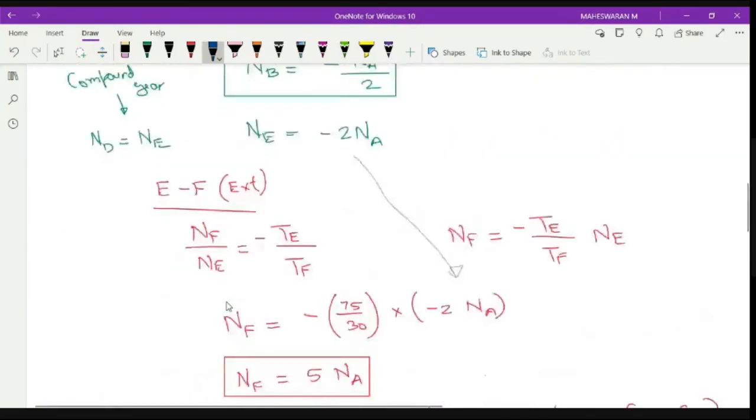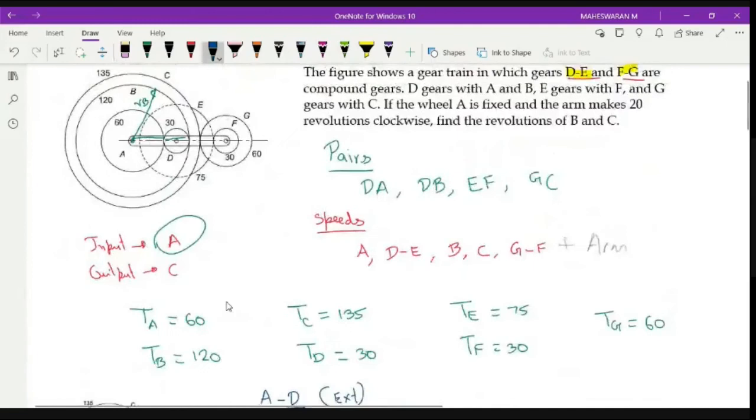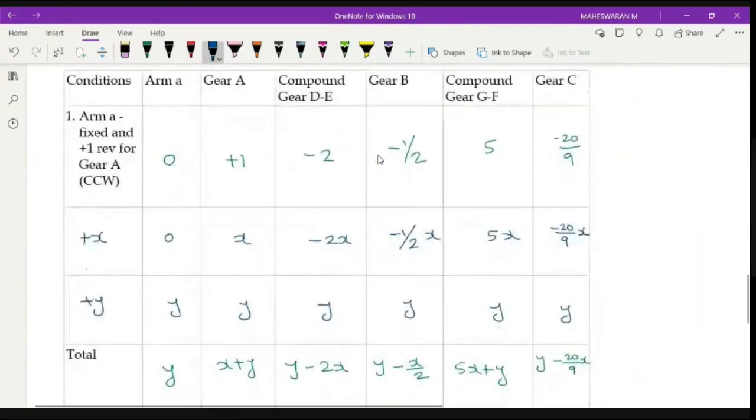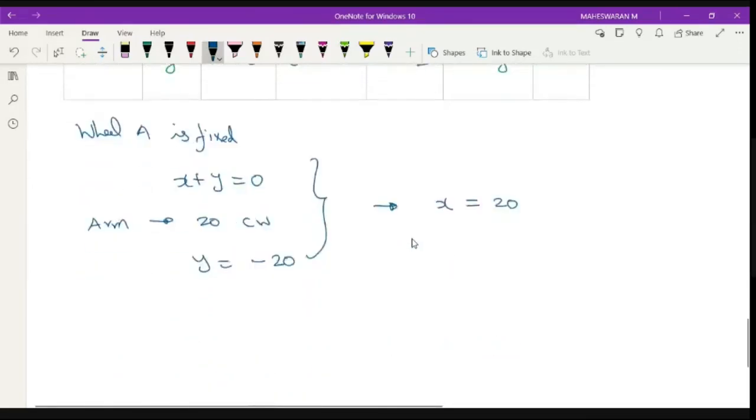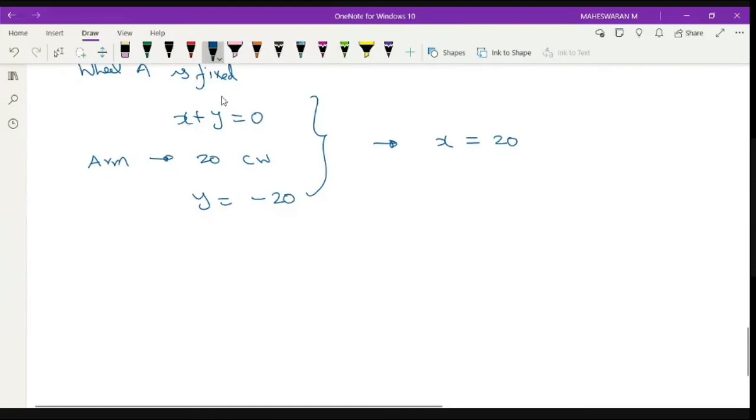Now what is the question? They're asking to identify the revolution in B and C. For gear B, the formula is y minus x by 2. We know all the values.